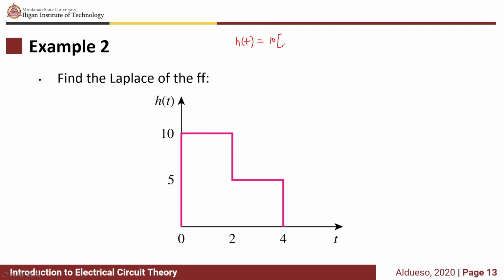Then u of t minus u of t minus 2, plus 5 u of t minus 2, and up to t minus 4. We have 10 u of t minus 5 u of t minus 2 minus 5 u of t minus 4.